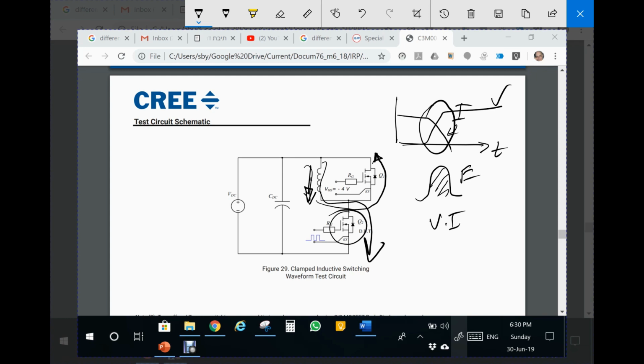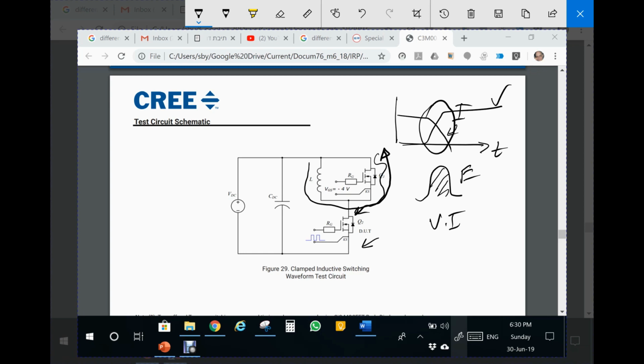And then we turn on the transistor, and in this case, what happens is that the current before turning on the transistor again is now going this way and going through the diode. So when we turn on the lower transistor, which is under test, we are also subjected to the problem of reverse recovery of this diode.